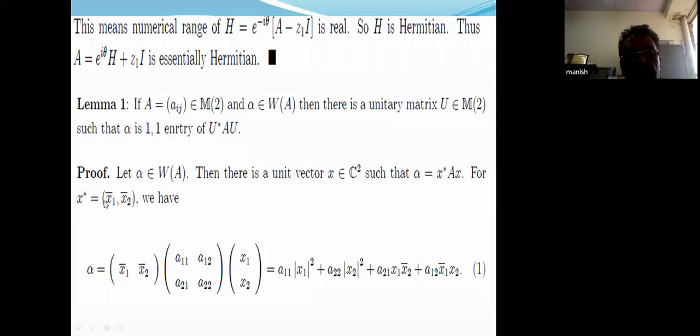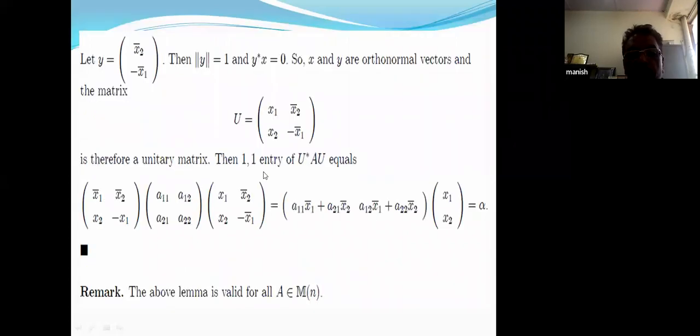So if we take x to be this column vector x1, x2, then alpha is this complex number we calculate from here. Now we take the unitary to be this matrix with columns x1, x2, and then x2 conjugate, minus x1 conjugate, and then calculate U star U, which comes out to be identity. So this is a unitary matrix, and for this unitary matrix we calculate U star AU. This comes out to be the same as alpha.